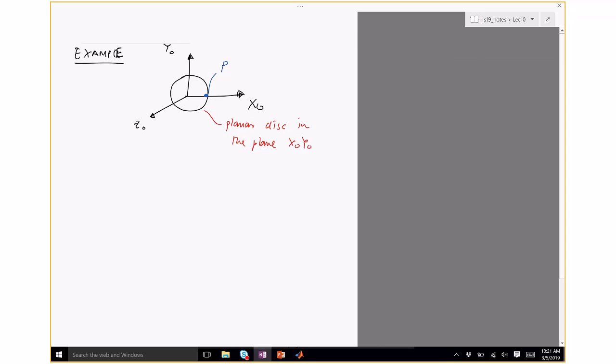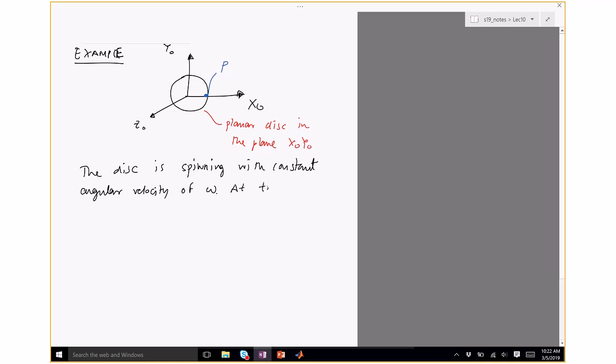So the question is: the disk is spinning with constant angular velocity omega.